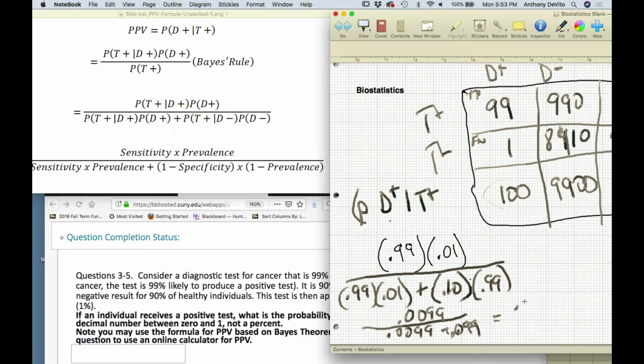So that's going to be equal to 0.0099 over, and now I need to add these two together. 4 places, so this is going to be 9 and 9 is 18, carry 1. So I just got 0.11. Okay, so it's the same thing. The same numbers we got before, except with decimal places. So it's going to come out to the same thing. It's going to come out to 9%.